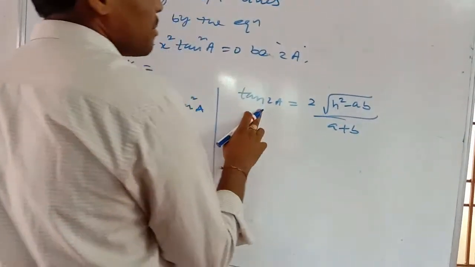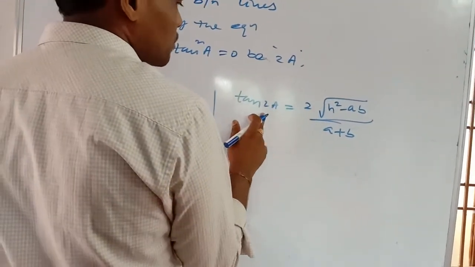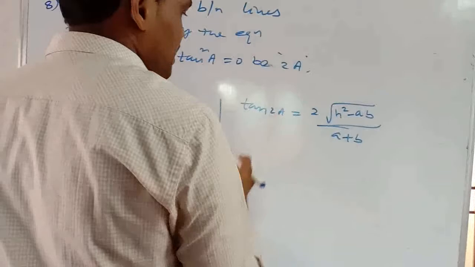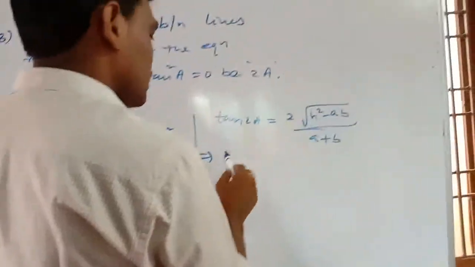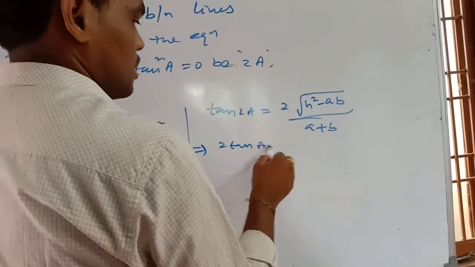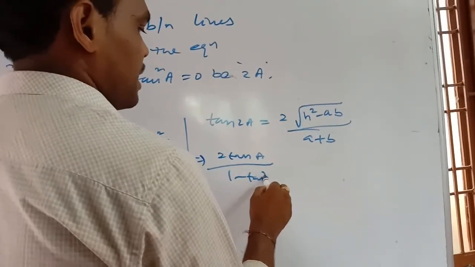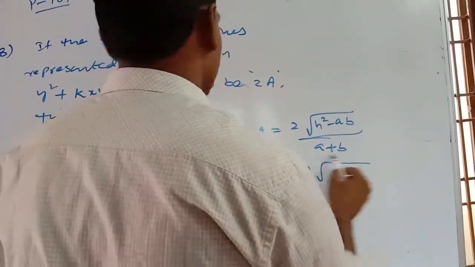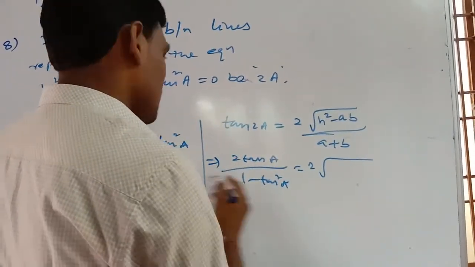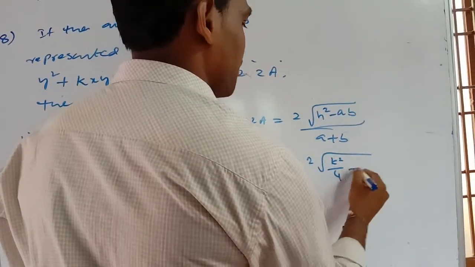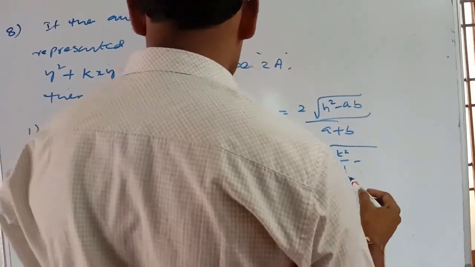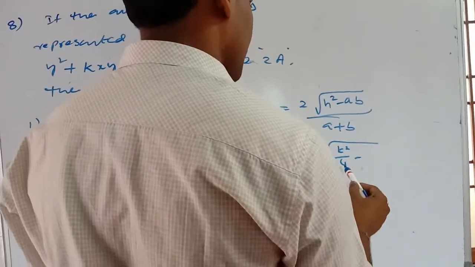That means tan 2a means 2 tan a by 1 minus tan square a, you already know this trigonometry part, tan 2a. Now here 2 tan a by 1 minus tan square a is equal to 2 into root of h square minus ab. Here h is k by 2 and h square is k square by 4, minus ab.